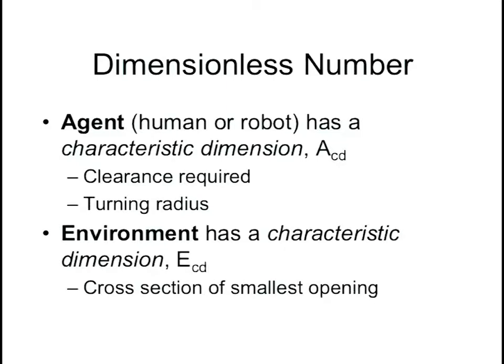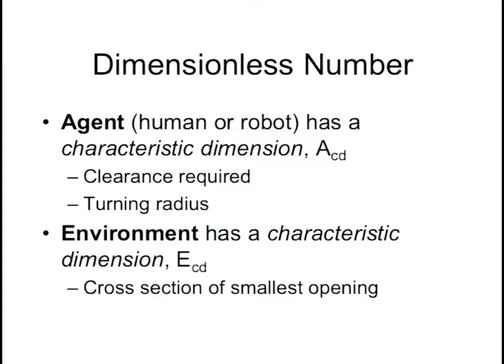If we think of an agent as a human or a robot, they have some sort of characteristic dimension that influences how much clearance they have to have or what their turning radius is. For people, your shoulder width is incredibly important for determining whether you can crawl down a tunnel and whether you can turn around or if you have to back out. And if you have to back out, for a worker, that's very dangerous.